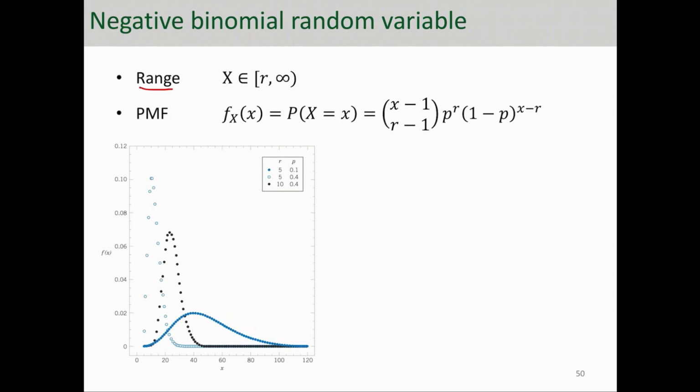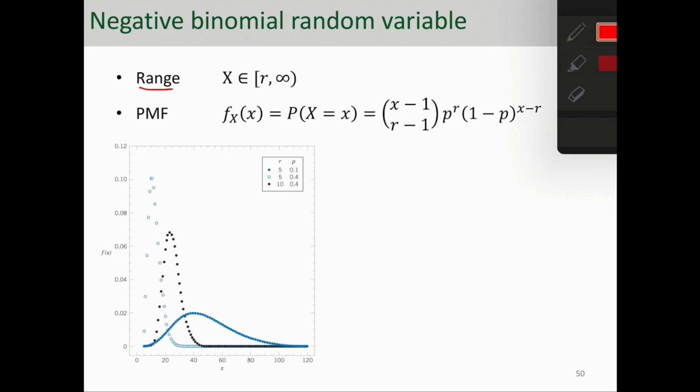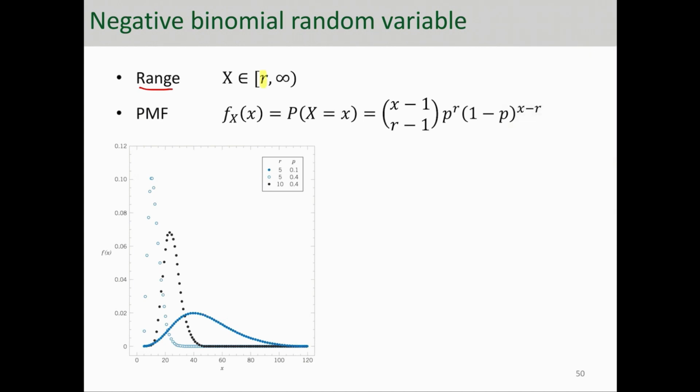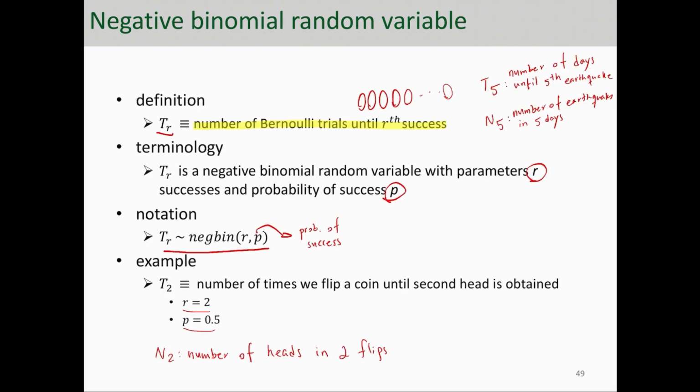So let's move on to the range of this random variable. Well, range of this random variable starts at r and it goes to infinity. This is very important. And in contrast to binomial, where the range starts at 0, here the range starts at r. Well, and it makes sense because negative binomial is number of trials until rth success. So at minimum, you would have to have r trials in order to have r successes.